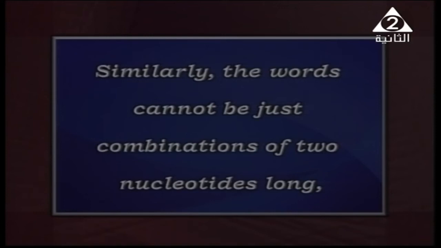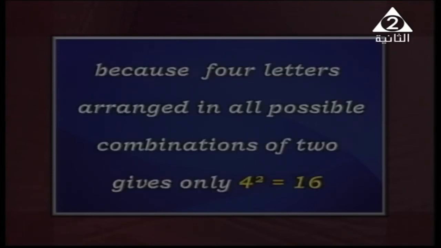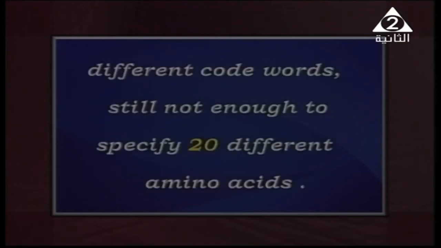So the words cannot be just a combination of 2 nucleotides long, because 4 letters arranged in all possible combinations of 2 give only 4 squared, equals 16 different code words, still not enough to specify 20 different amino acids.